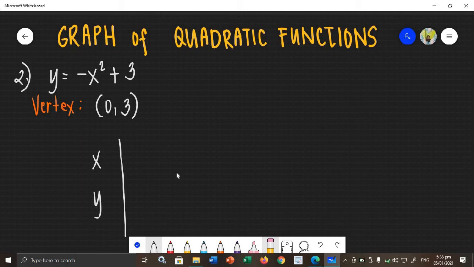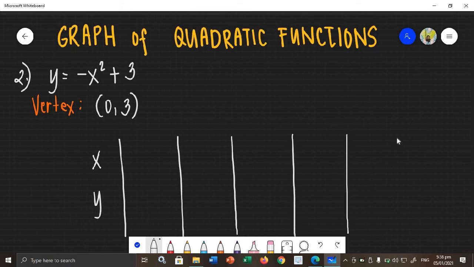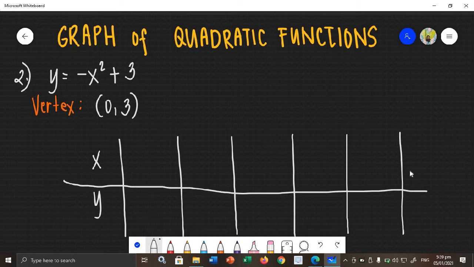So again, 5 lang. Or if you want more, then go. Pero as much as possible para malimit tayo, 5 ordered pairs lang yung ipapahanap ko. Or yung ipapaplot ko sa inyo. So here, yung vertex, pakisulat siya sa gitna. So si x-coordinate sa vertex is 0, si y-coordinate is 3.